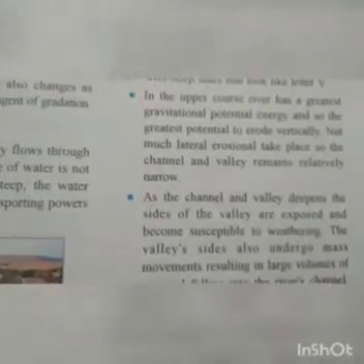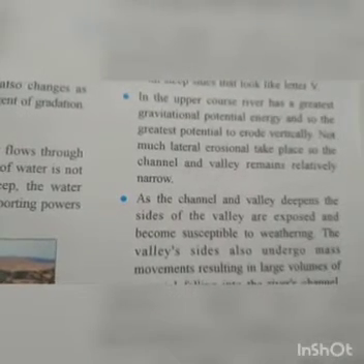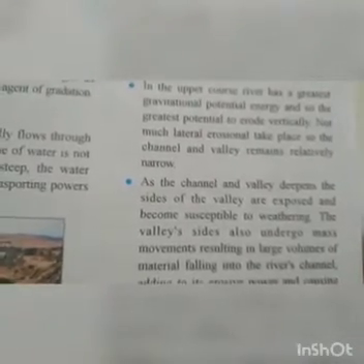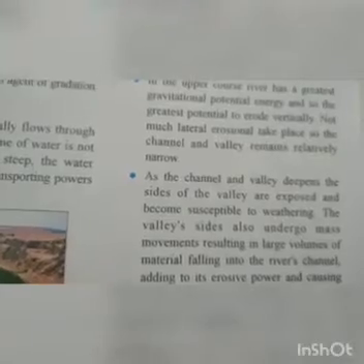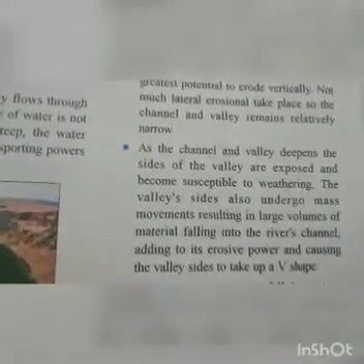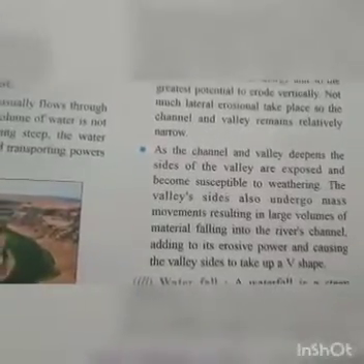As the valley deepens, the sides of the valley are exposed and become susceptible to weathering. The valley's sides also undergo mass movements, resulting in large volumes of material falling into the river channel, adding to its erosive power and causing the valley sides to take up a V shape.